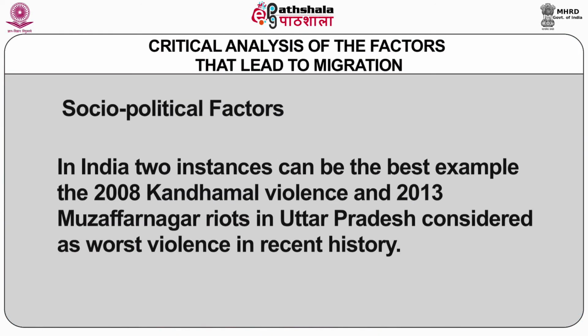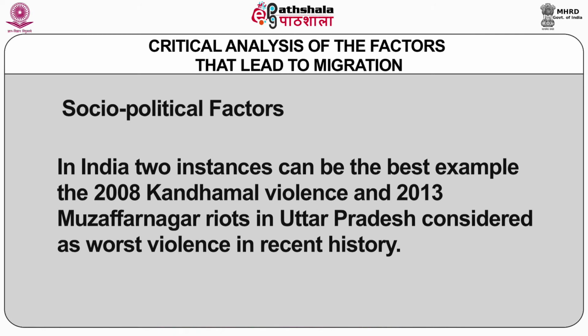The politicization of religious and ethnic identities, which also includes racism and racial discrimination, has caused significant levels of conflict within states, and victims of such violence have been moved out. For example, in India, two instances can be the best examples.